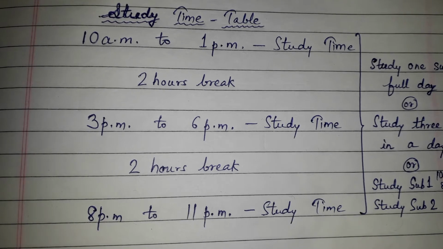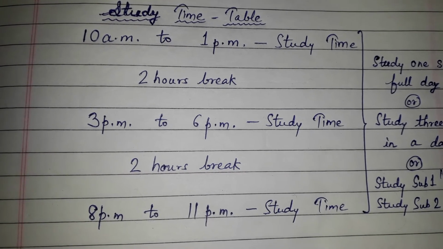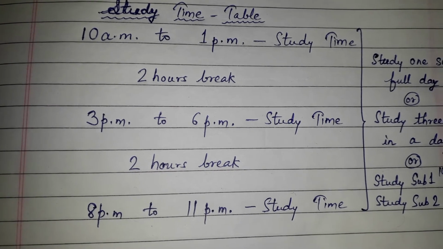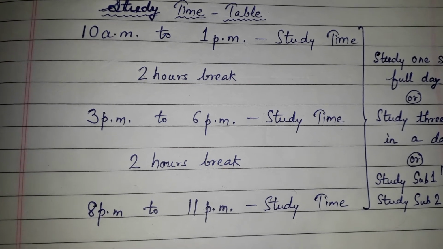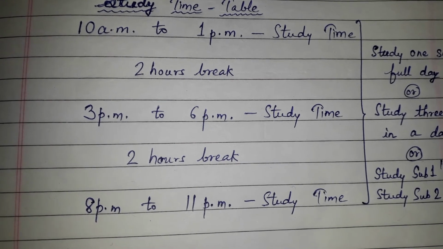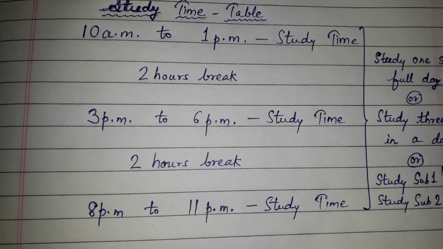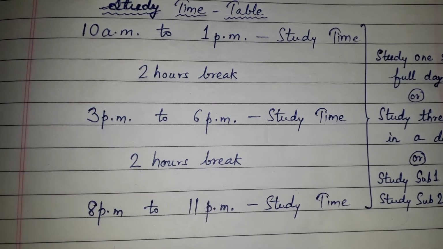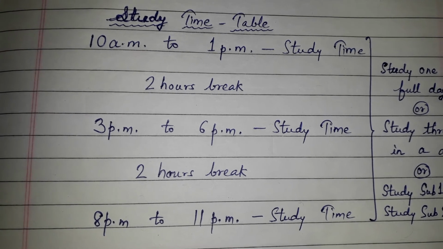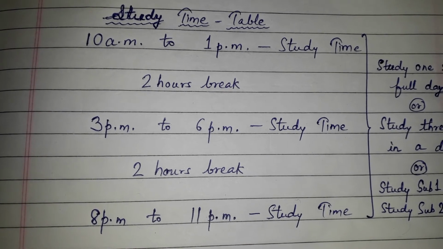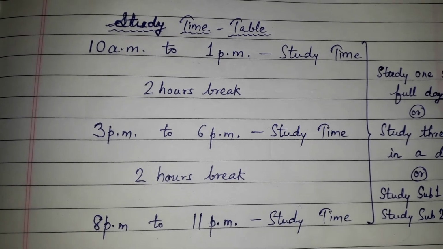If you start studying at 12 o'clock in the afternoon, then you will have a 1 hour break in between, that is 12 to 3, then a 1 hour break, then from 4 o'clock you will start, so it will be 4 to 7, then a 1 hour break, then from 8 to 11 p.m. So if you start late, you study for 3 hours, then take a break of 1 hour, 1.5 hours, or 2 hours based on the time you are starting in the morning.